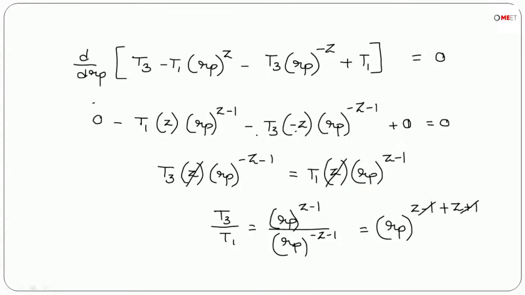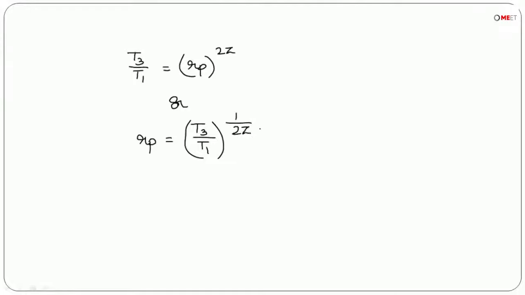So minus 1 plus 1 gets cancelled. Then we can write T3 by T1 is equal to Rp to the power 2z, or you can write Rp is equal to T3 by T1 whole to the power 1 by 2z.